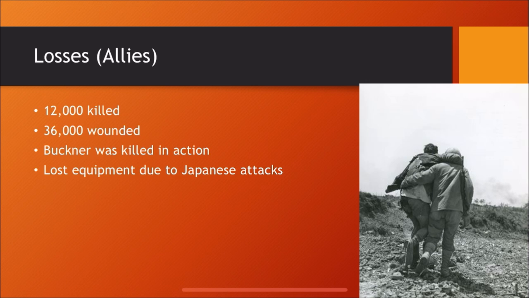They also had about 5,000 men who were killed or drowned because of the attacks. 5,000 more men were wounded, and they also suffered a loss of about 760 aircraft. So even though the Allies dominated the battle, they still had to sacrifice many men and their equipment.